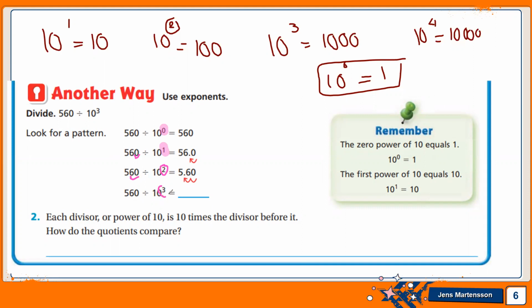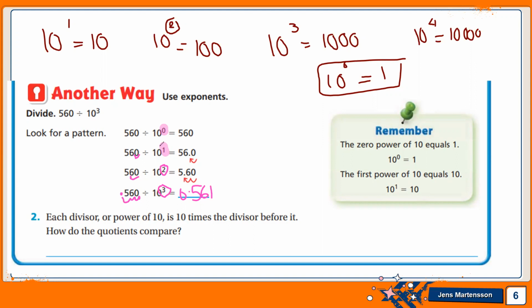And if it is a 3, how many digits should I move it? 3 digits. Bravo. So it will be 0.56.